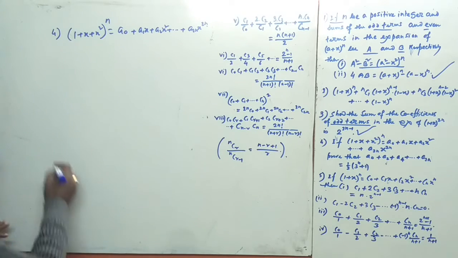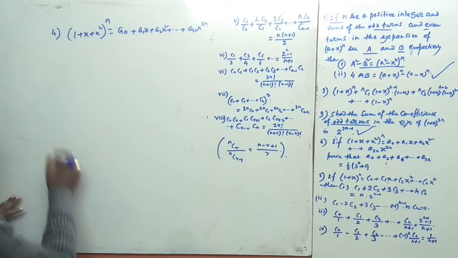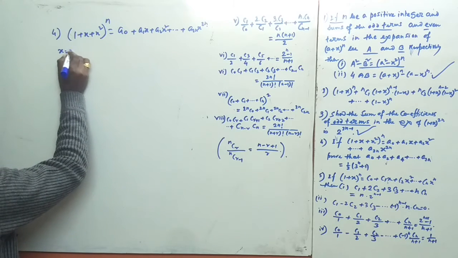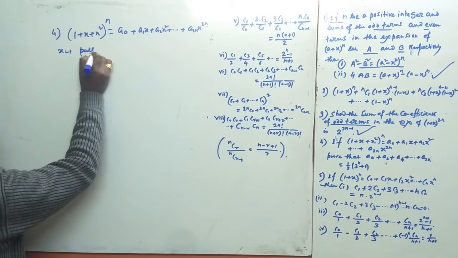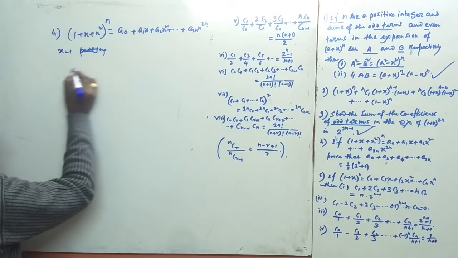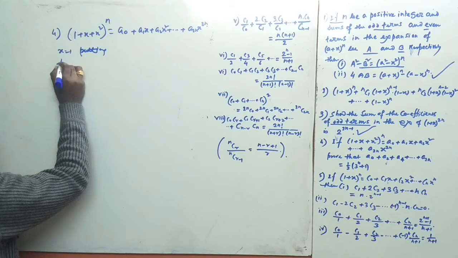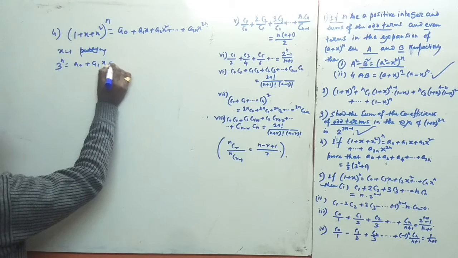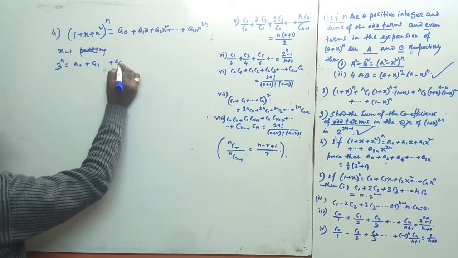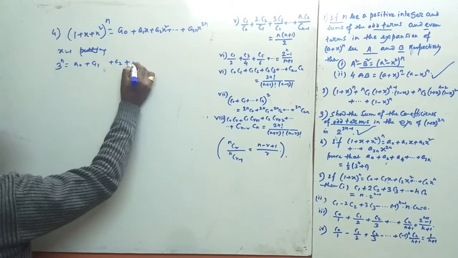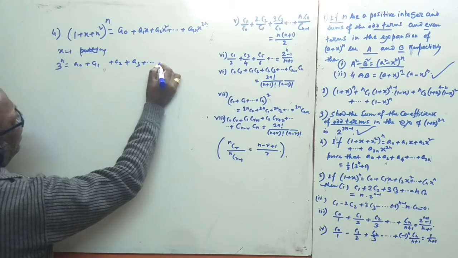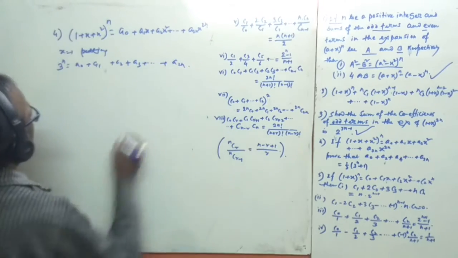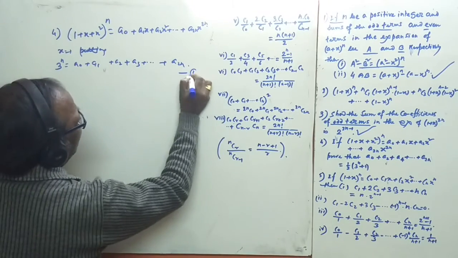Now we have to put the value of x here as 1. Putting x equal to 1, then we get 3 to the power n equals a0 plus a1 x, x is 1 here, plus a2, a3, up to a suffix 2n. This is number 1.